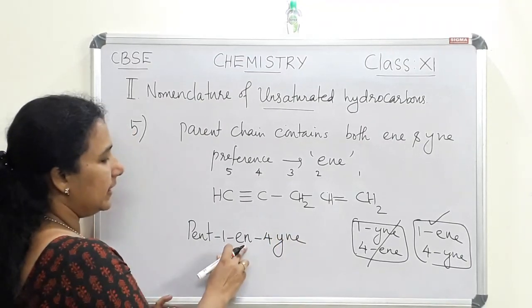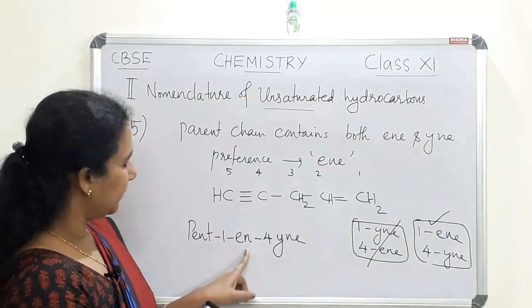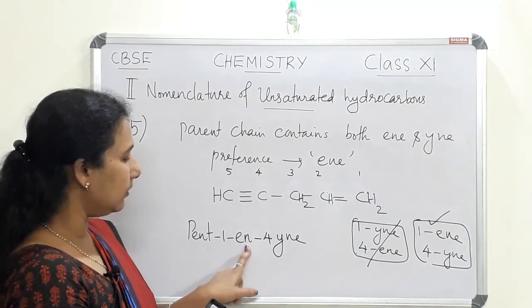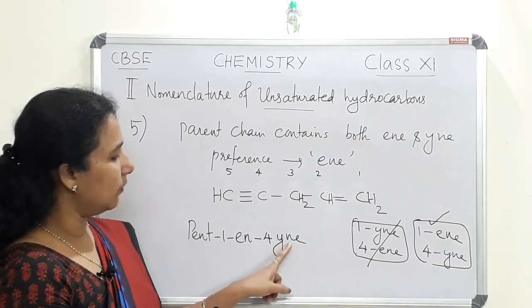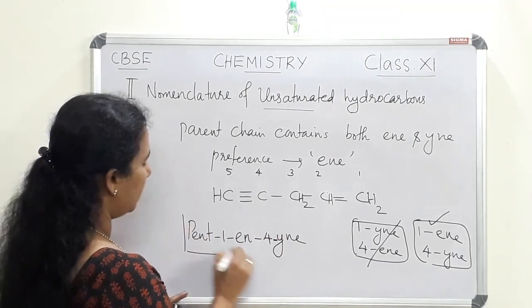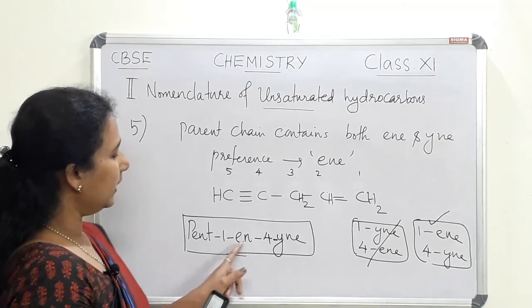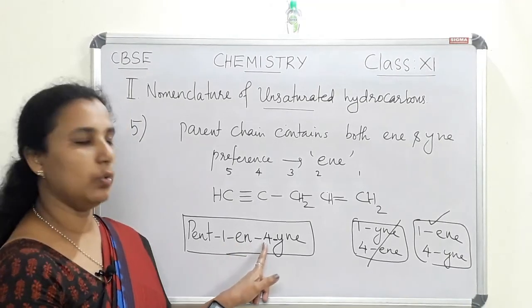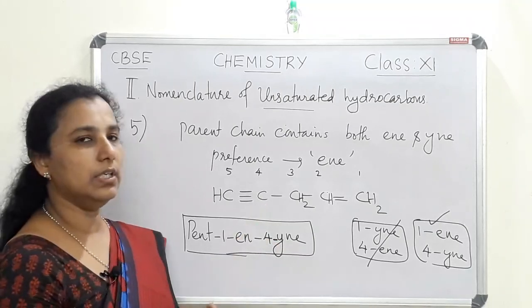So there is an ene and yne. Preference should be given to ene, and we have to write en only, not ene. Then write the fourth position, that is 4 yne. So the name of this compound is pent 1 en 4 yne. This is the IUPAC name of this particular compound.